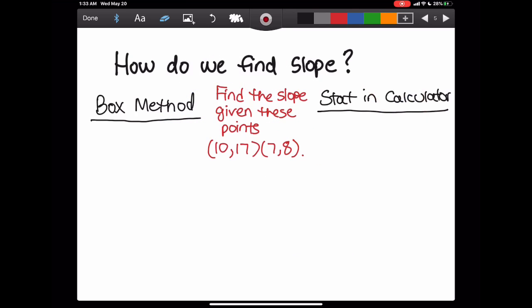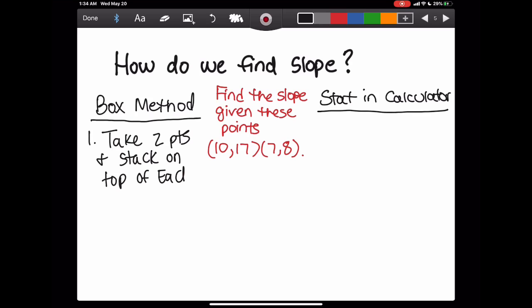All right, how do we find slope in class? Well, we have two different ways that you can find slope. You can use box method or you can use stat in the calculator. I'm going to write those steps down. For box method, remember, step 1, take 2 points and stack them on top of each other.